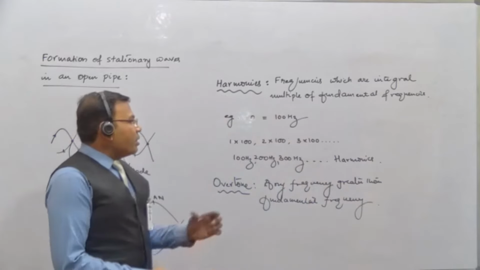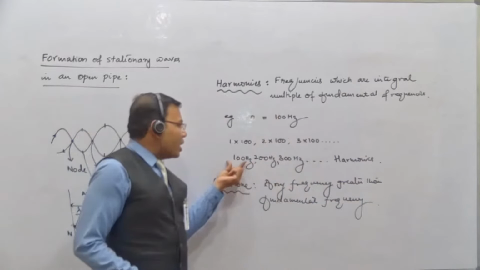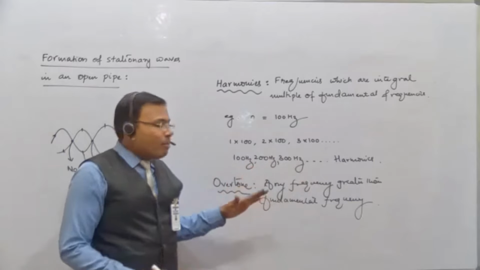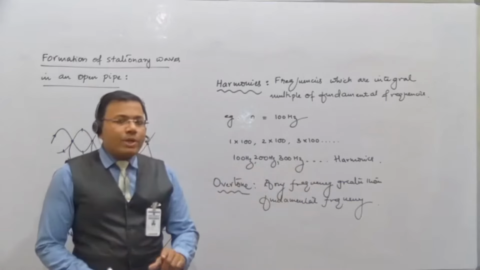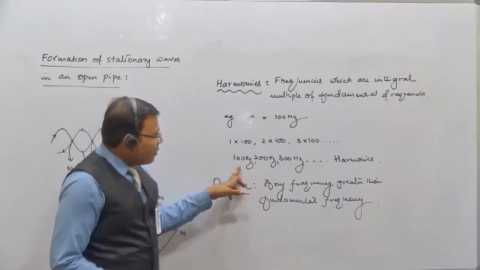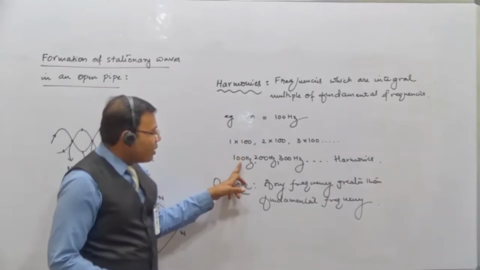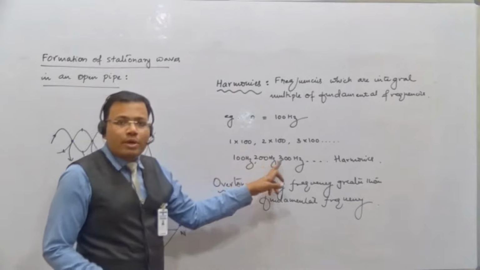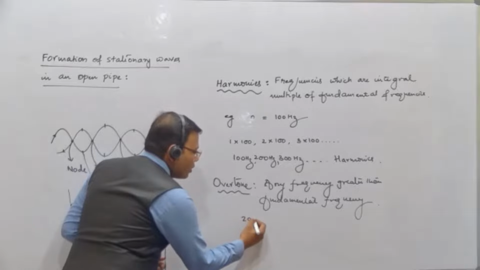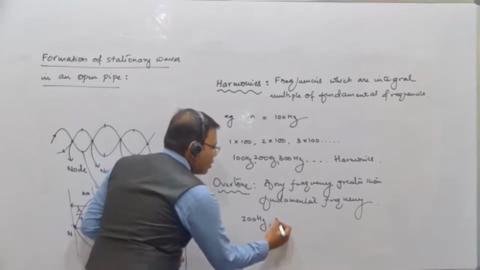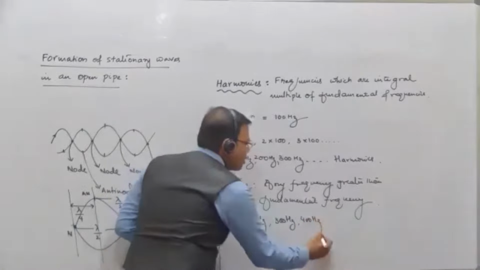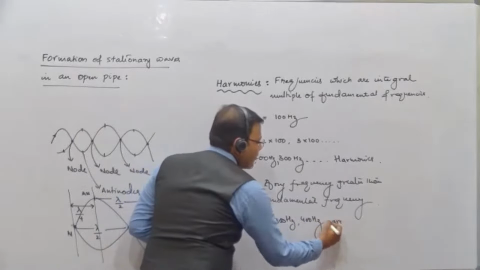In this example, 100, 200, 300, the 100 is the fundamental frequency. But overtone means any frequency higher than the fundamental frequency. Higher means 200, 300, and so on. They are called overtones. That is 200 hertz, 300 hertz, and if you continue, 400 hertz are overtones.